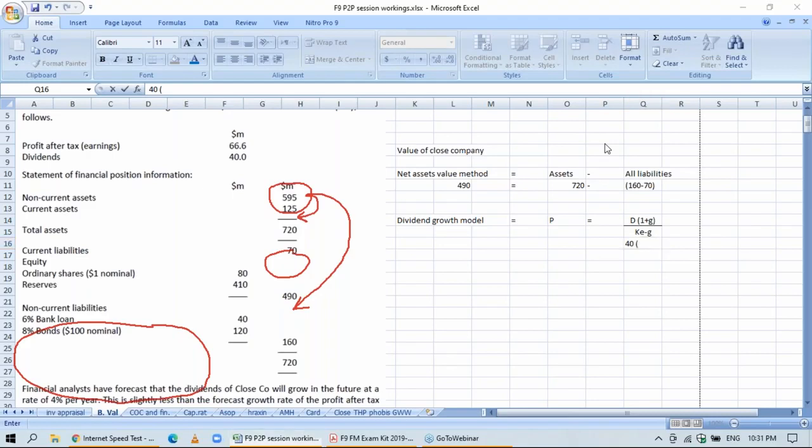Look, they've given you the dividends of 40 million, and the ordinary shares are $1 shares, and there are 80 million shares.